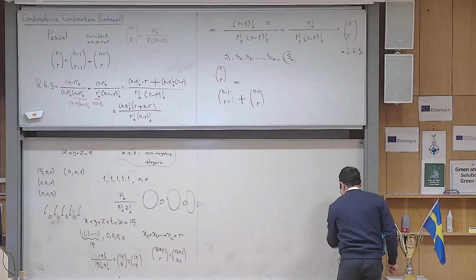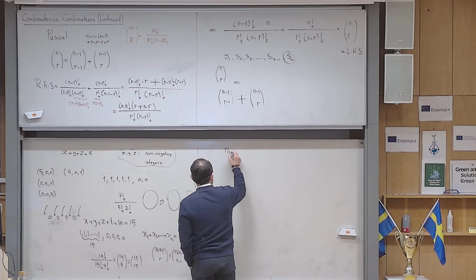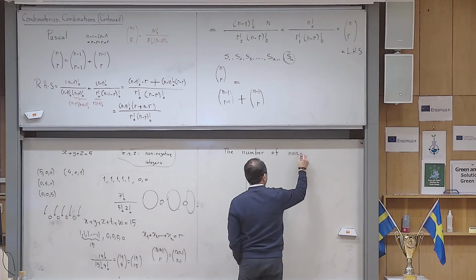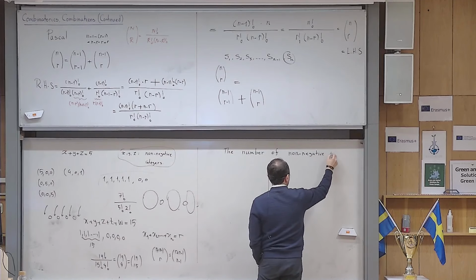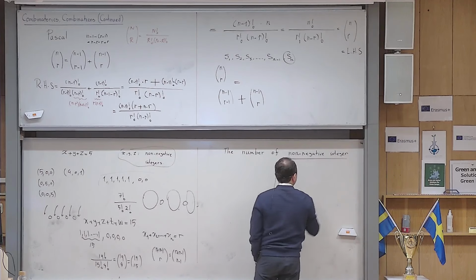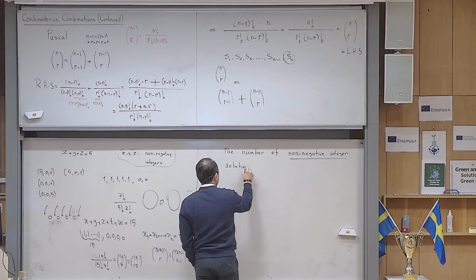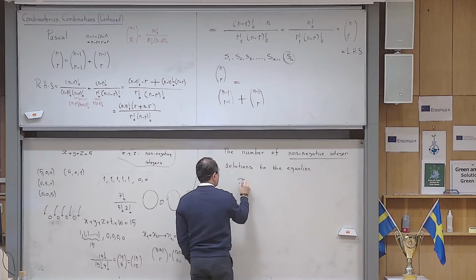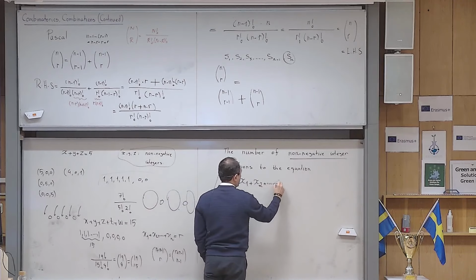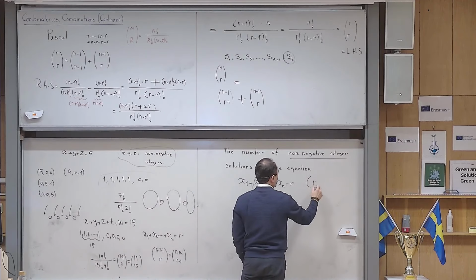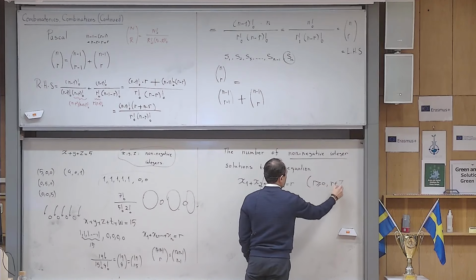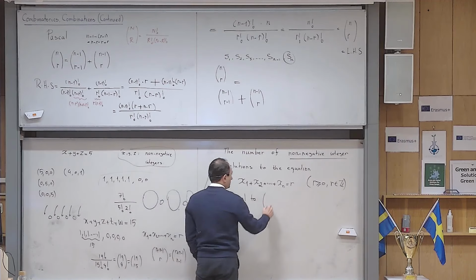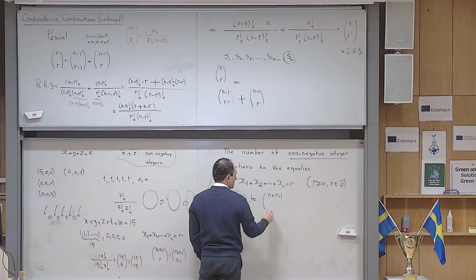So if I want to write it down, the number of non-negative integer solutions to the equation x1 plus x2 plus up to xn is equal to r, where r is also a non-negative integer, is equal to n plus r minus 1 choose n minus 1.